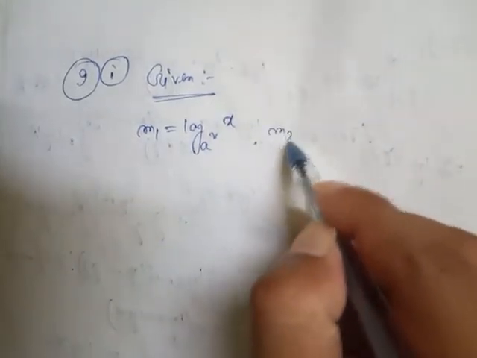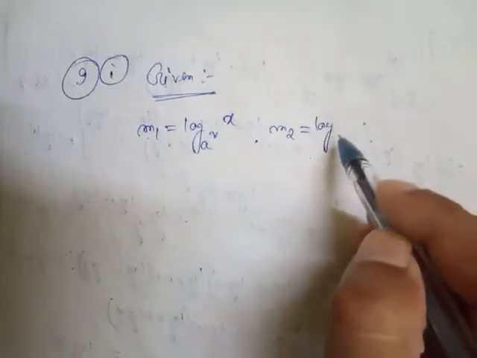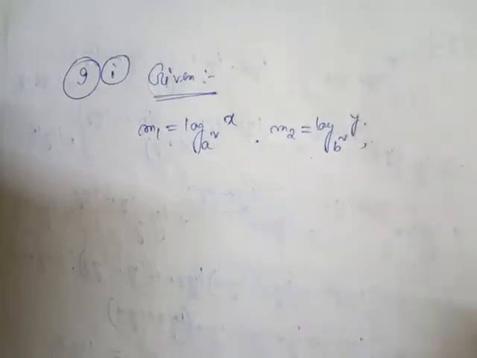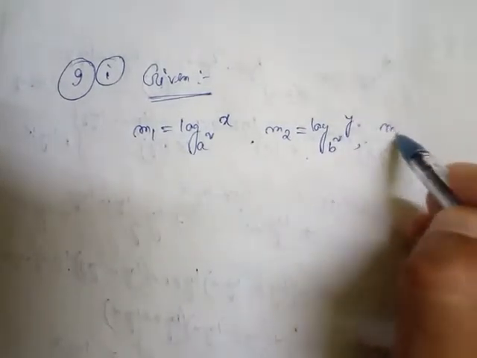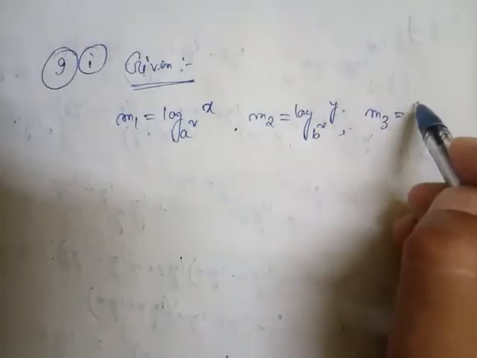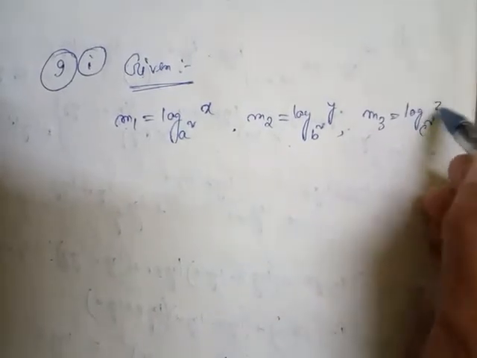Then m2 will be here, log base b square of y. Then m3 will be here, log base c square of z.